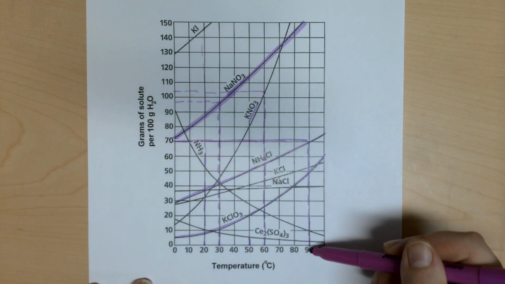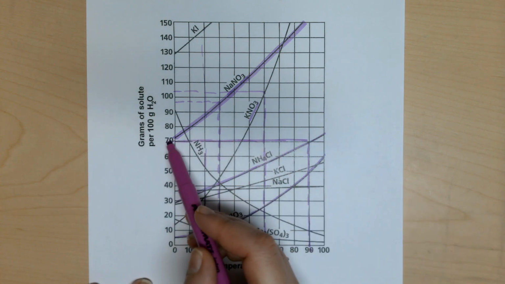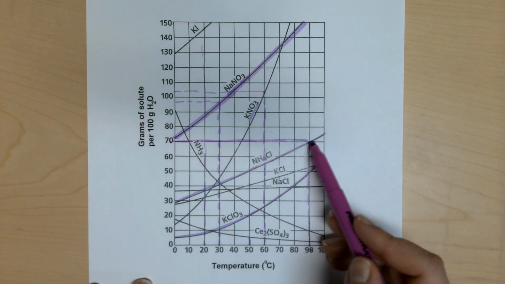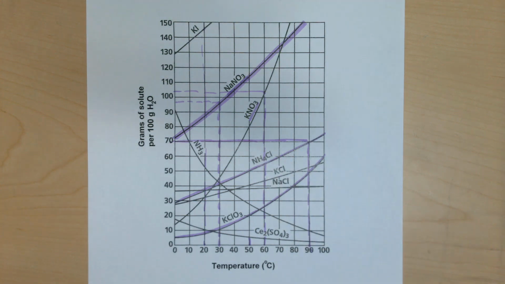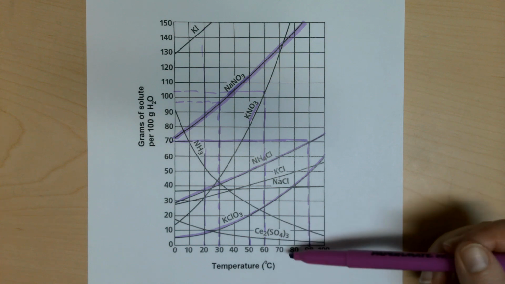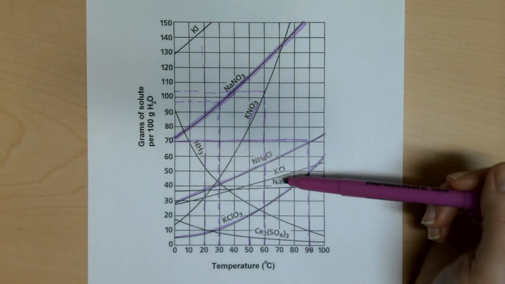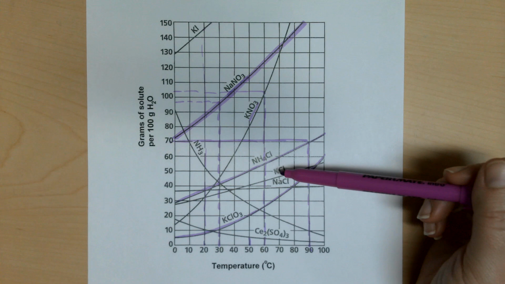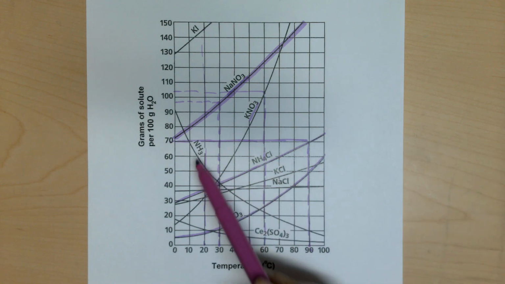And I see at 90 degrees, I can dissolve 70 grams of NH4Cl to saturate that solution. So you want to always compare these bottom numbers to the lines. Make sure you match up the correct thing. Now you don't have to know the names of these because I'm using their formulas.